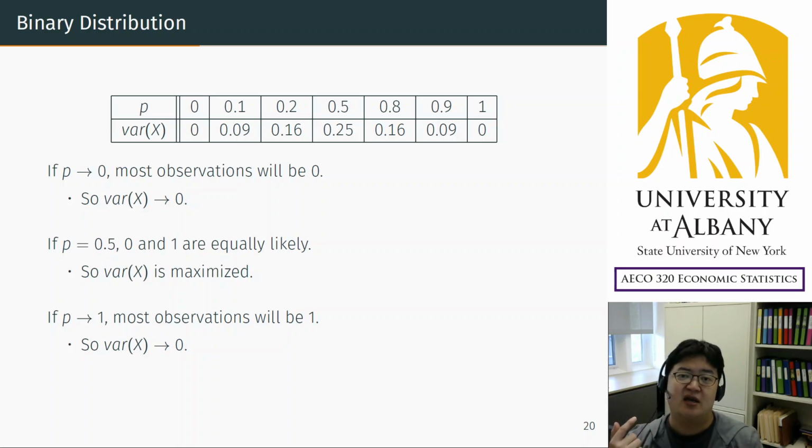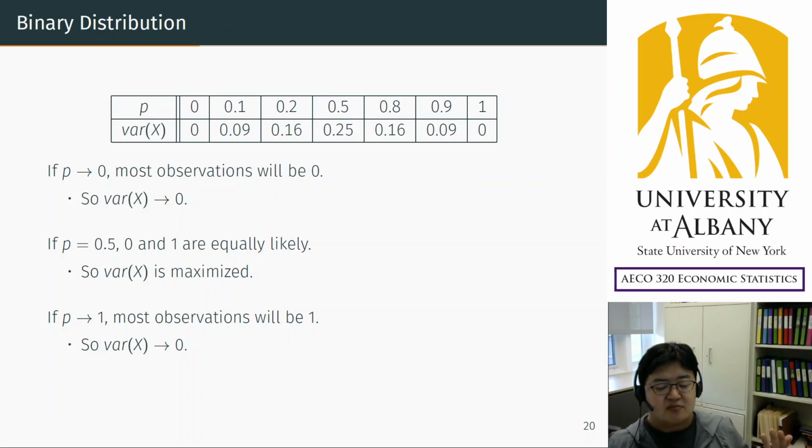You know what is coming, right? So when you toss a coin and it is always heads, then the variance is 0 because there is no uncertainty, no variability. On the other hand, in the middle, like 50%, this is where the uncertainty is maximized.